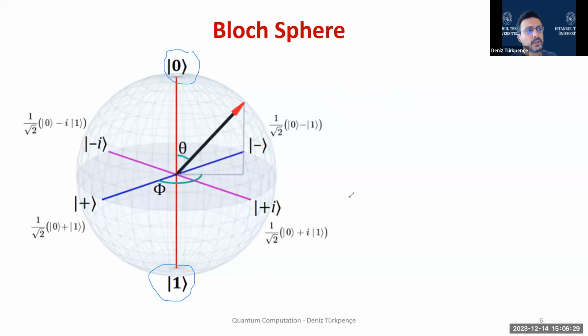So in general, we say that these basis states are orthogonal. In Euclidean geometry, we know that orthogonal vectors should have a 90 degrees angle between them. But when we map the two-level quantum state into the Euclidean space, we see that this is not the case.